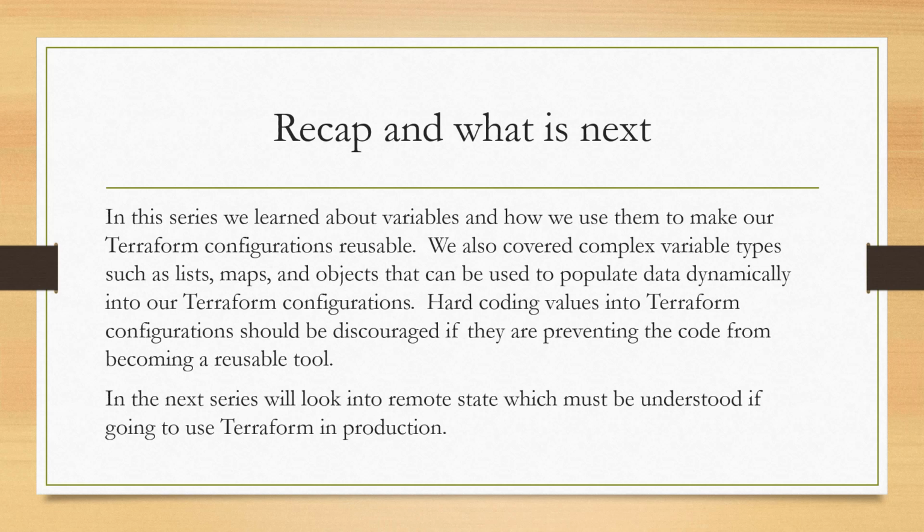Hard-coding values into Terraform configurations should be discouraged if they're preventing the code from becoming a reusable tool. In the next series, we'll look into remote state, which must be understood if we're going to use Terraform in production-like settings. Let's get started.